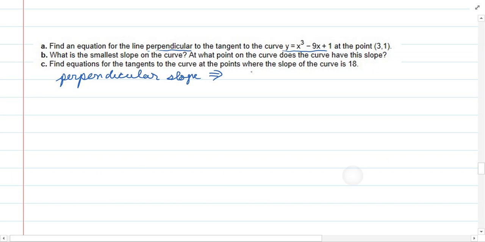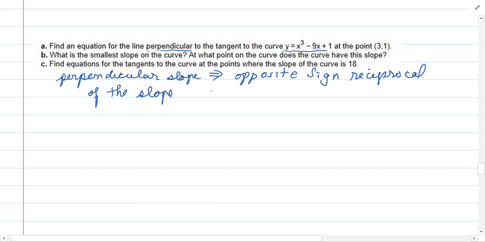What perpendicular is the opposite sign reciprocal of the slope. And it was written that if we wanted the perpendicular slope, we would do opposite sign 1 over the slope that was given. So that the perpendicular would be the opposite sign reciprocal.